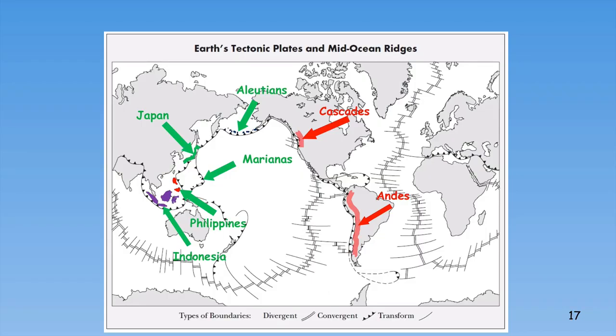And then the Indonesian islands, these are the convergence of the Indian-Australian plate underneath the Eurasian plate, and the Indian-Australian plate is the one that's subducting, and the Eurasian plate is the one that has the islands.